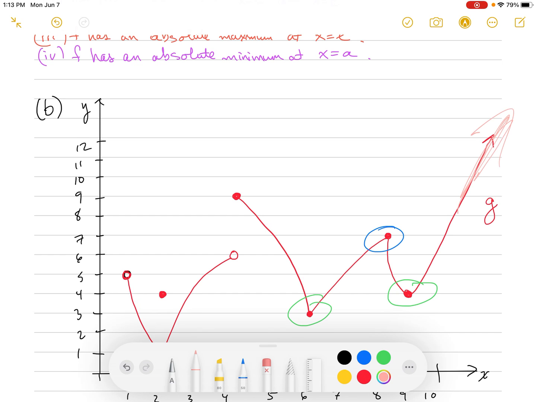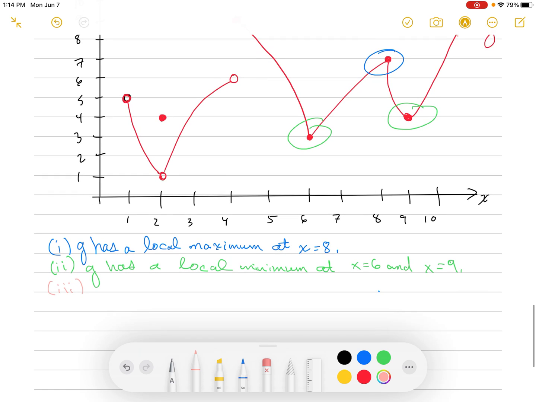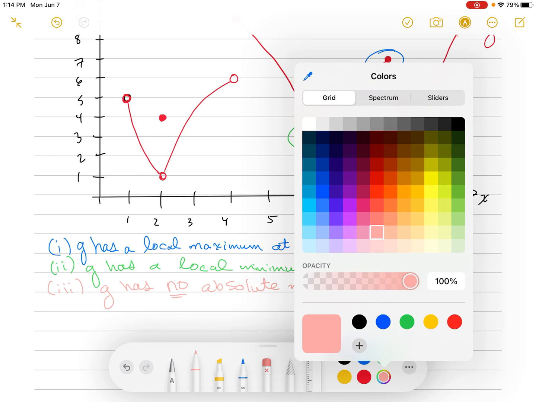No, if you look at this graph, it continues going right forever. So it keeps going up and up and up forever. So there is no absolutely highest place. So G has no absolute maximum. There is none.